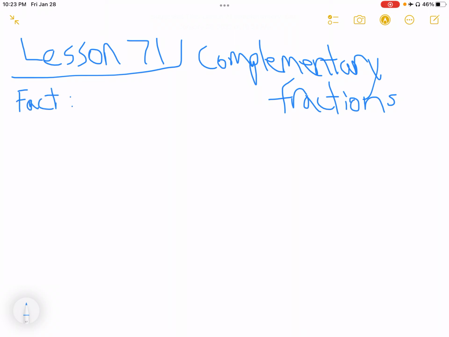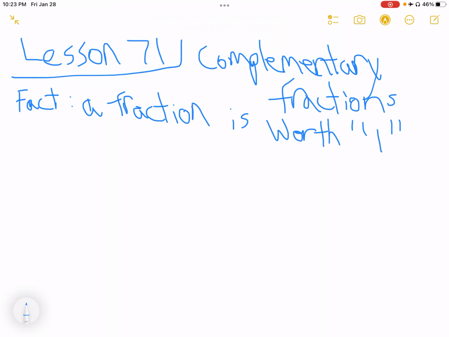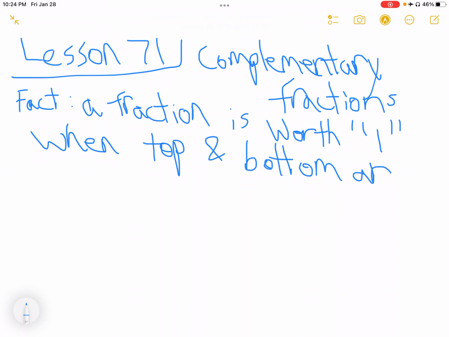So we know that a fraction is worth the value of 1 when the top and bottom are the same, or you could just say the same number, right?